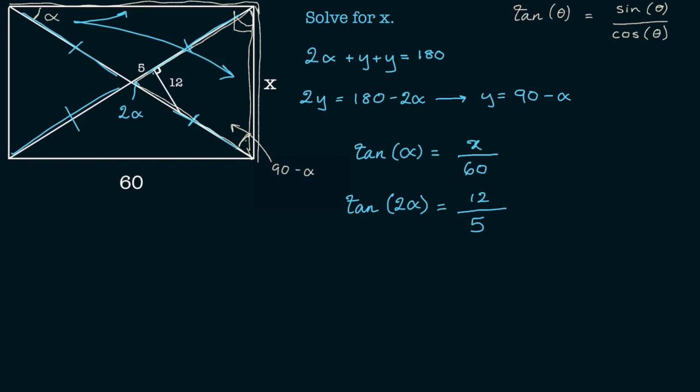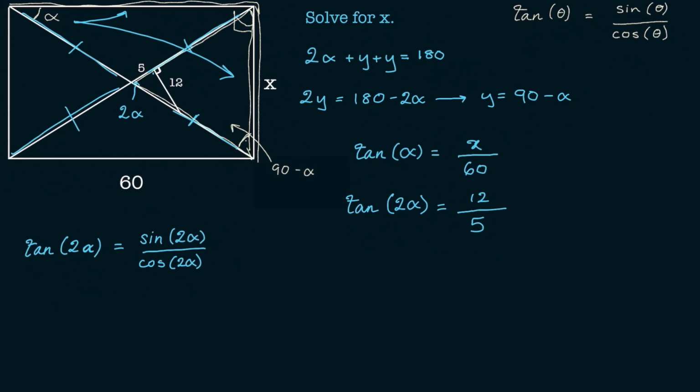So let's use that with the second equation that we established. We can say tangent of 2 alpha is equal to the sine of 2 alpha divided by the cosine of 2 alpha.